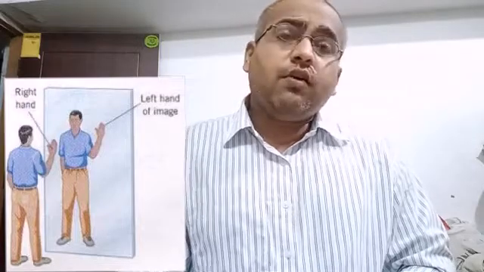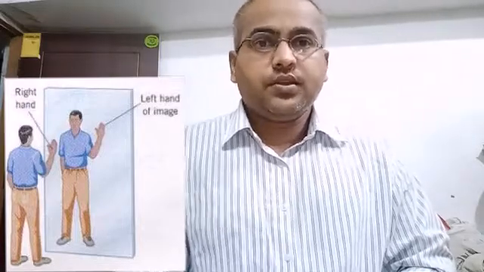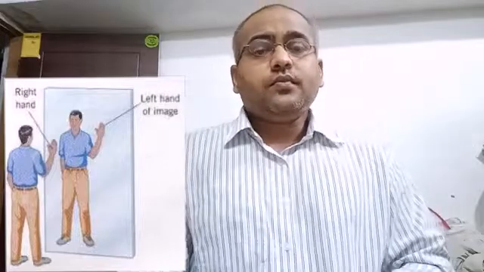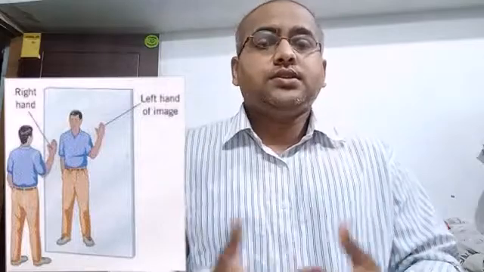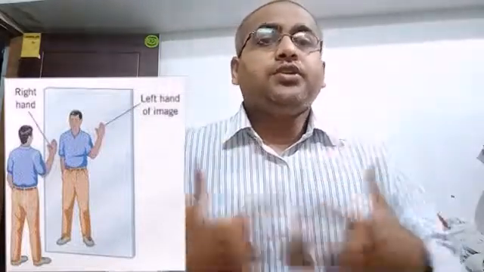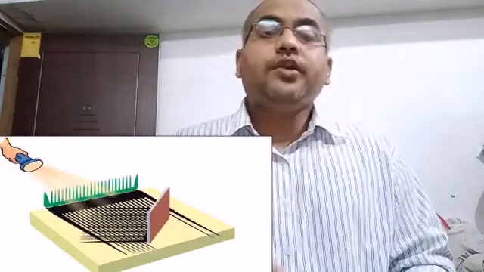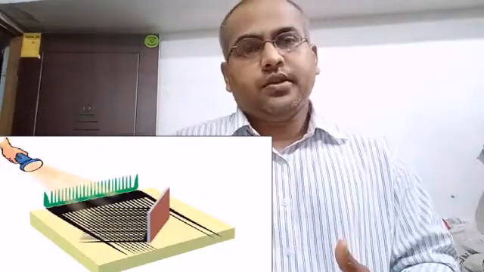So this will form a mirror, and this mirror gives us the image of an object when you put an object in front of the mirror, or if you stand in front of the mirror.